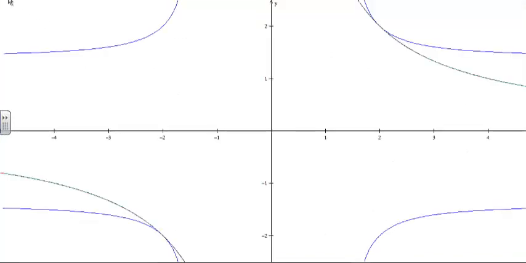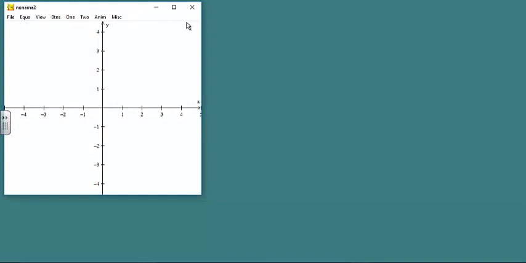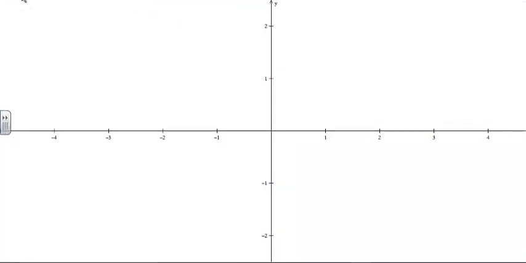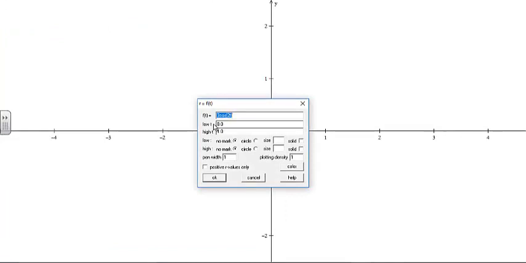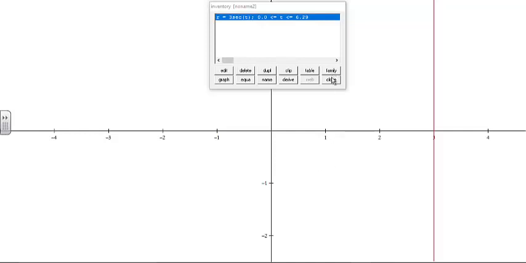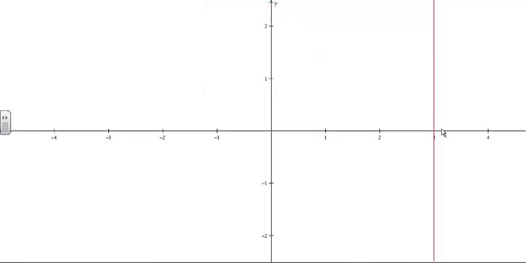So let's close that. If I put in the polar equation, r equals 3 secant theta, and I go from 0 to 2 pi, you see I get a vertical line at x equals 3.